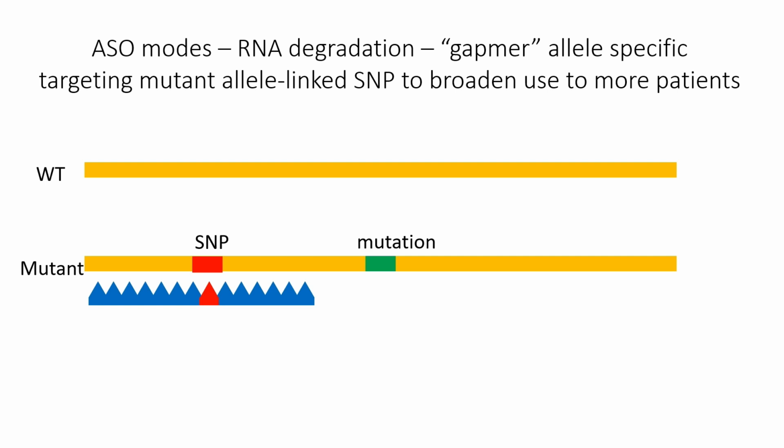If we can find a so-called single nucleotide polymorphism, or a SNP, that's in phase with the mutation, the ASO can interact with it and cause more specific degradation of this allele versus that. And these SNPs are common in the population. So you'll find many, many more patients that have got this SNP, and if they're lucky, the SNP is in phase with the mutation, and then this ASO will target them.